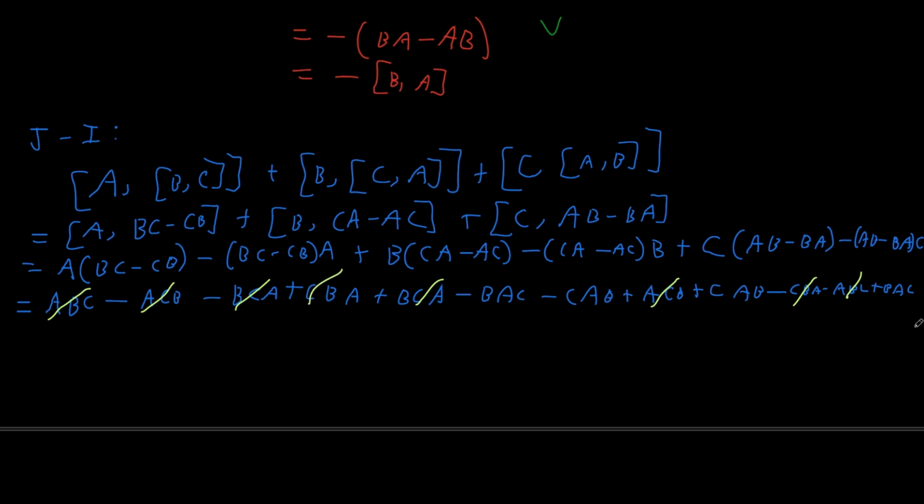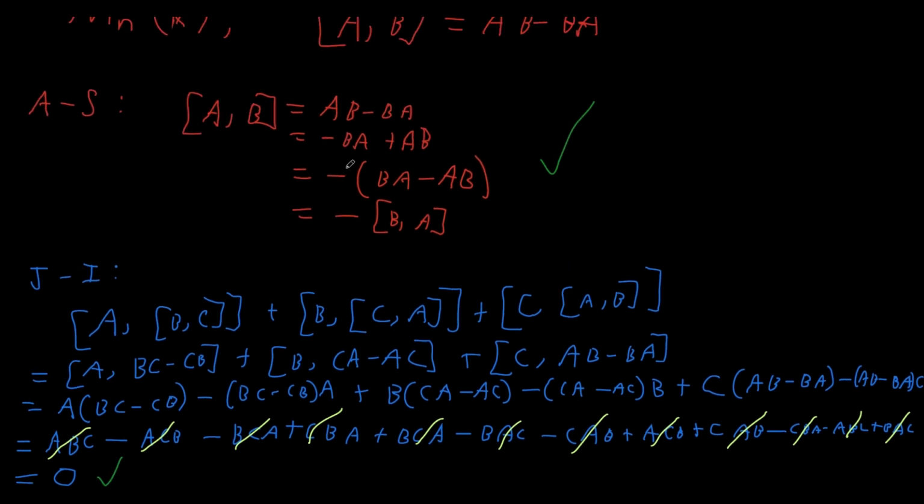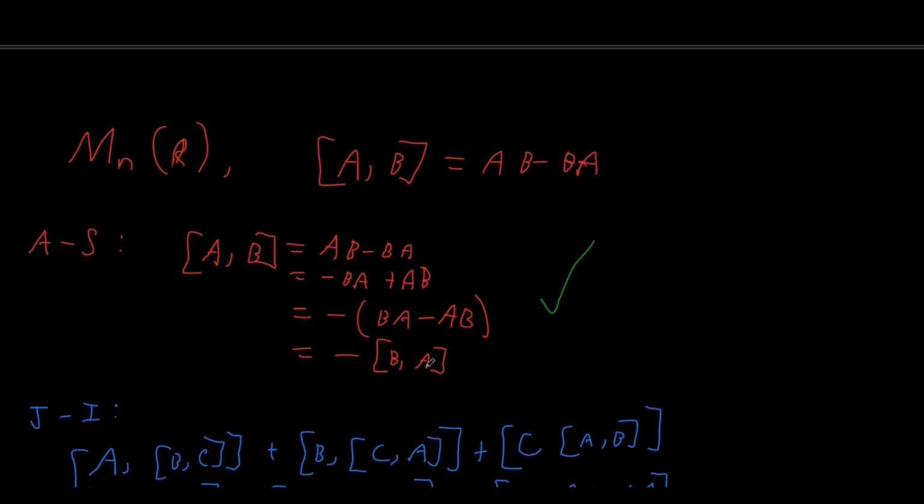Minus BAC plus BAC, and finally minus CAB plus CAB. And so in the end, after all our wonderful cancelling, our result is 0. So once again, we have a nice big tick. Therefore the matrices under the commutator act as a Lie algebra. So this is a Lie algebra. Hooray.